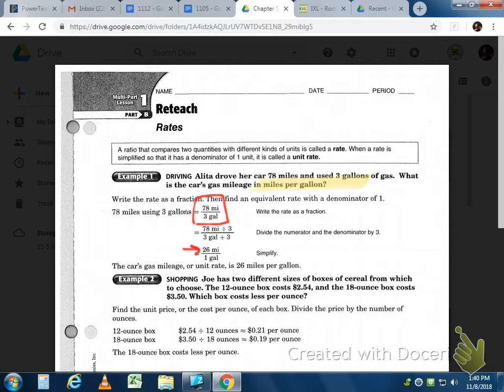Just to be clear, that means 26 miles for 1 gallon, but the way that you would write your answer is 26 miles per gallon. Your labels have to be like that. It has to give both units. The first unit here is miles, and the second unit is gallon. The word in the middle, per. 26 miles per gallon. That's how you're going to end up writing these.